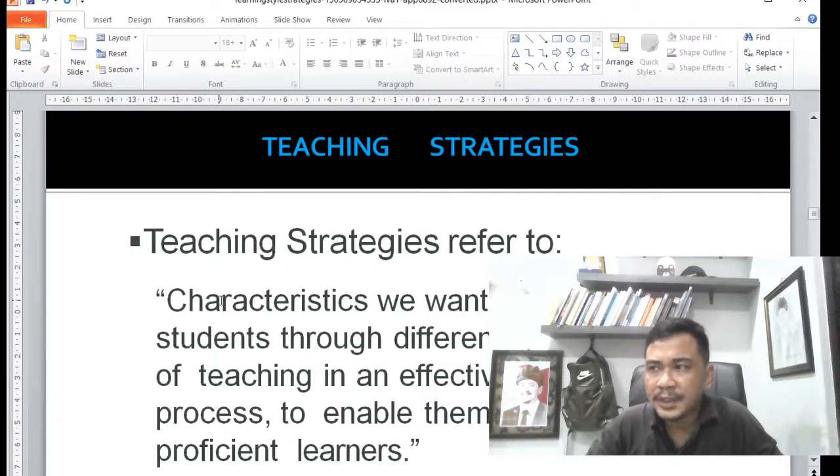You want to stimulate your students to take part in the learning process. It should be effective learning and then proficient learners. So if you want to give an effective learning process and make them proficient learners, you have to have proper teaching strategies.